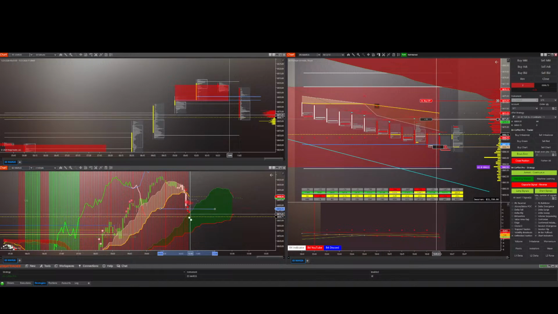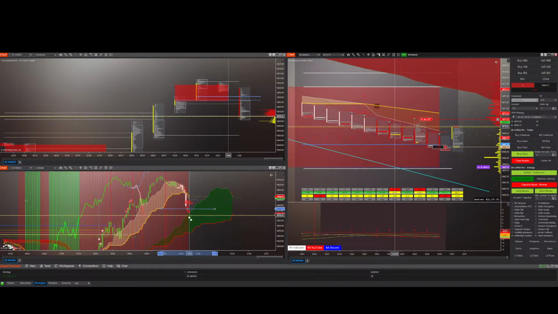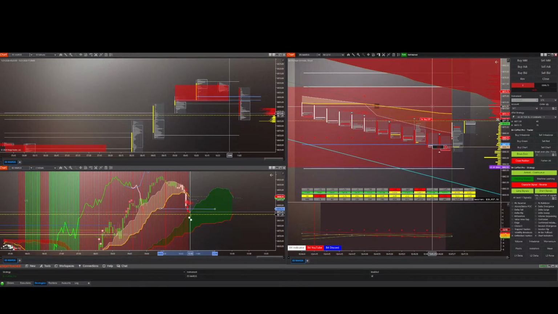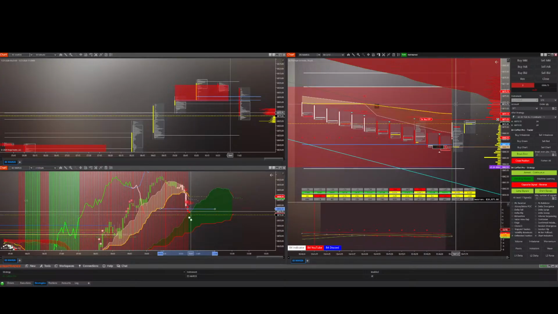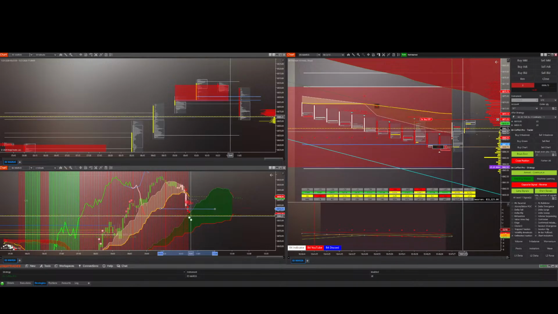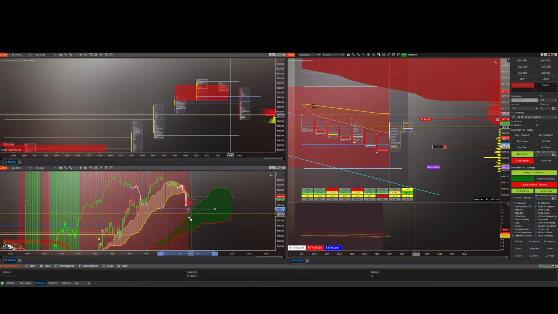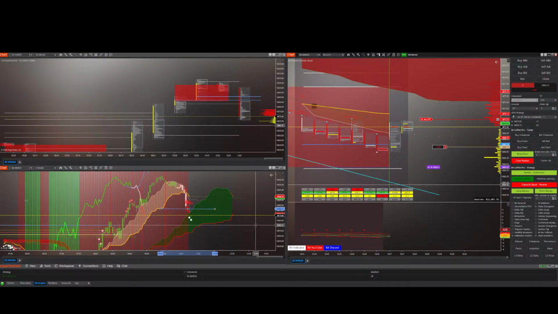I'm going to minimize my exposure on it at least. I don't want to take full risk on that trade. It's just iffy to me.